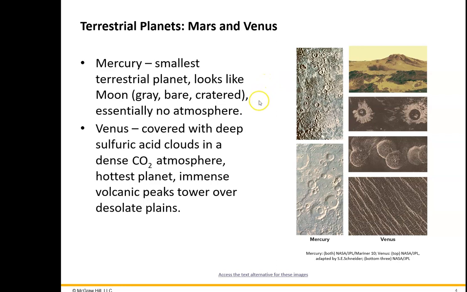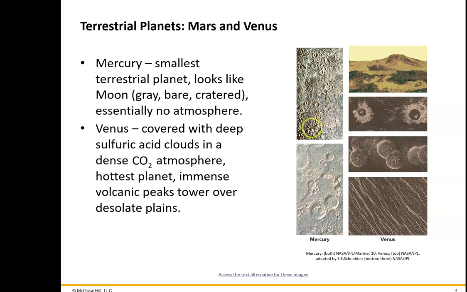Thus far, there have only been 2 missions that have gone to Mercury. The Mariner 10 in 1974, and then in 2011, for several years, a good 5 years, there was another mission called Messenger, and Messenger is the one that gave us the most information.